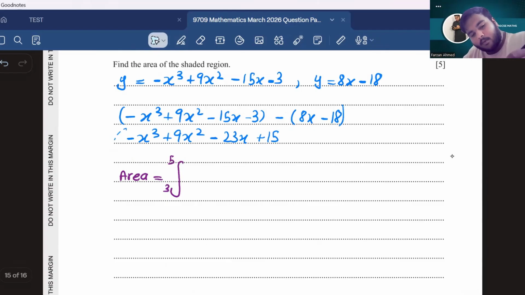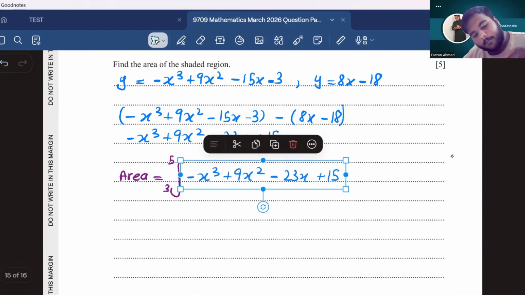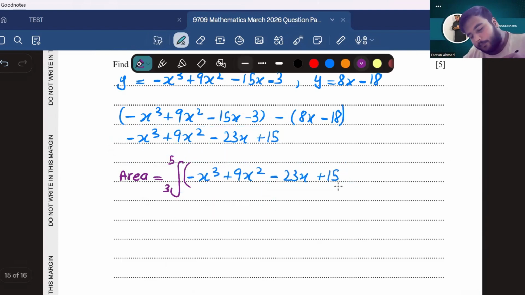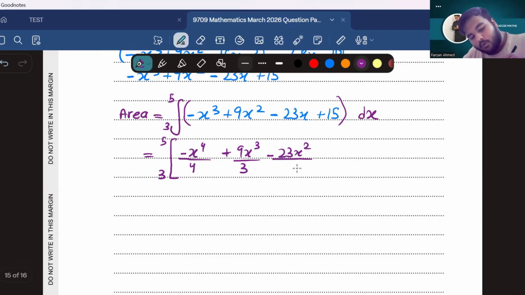I'm copying this. So when we do the integration, between 5 and 3 we get minus x raised to power 4 over 4 plus 9x raised to power 3 over 3 minus 23x squared over 2 plus 15x.